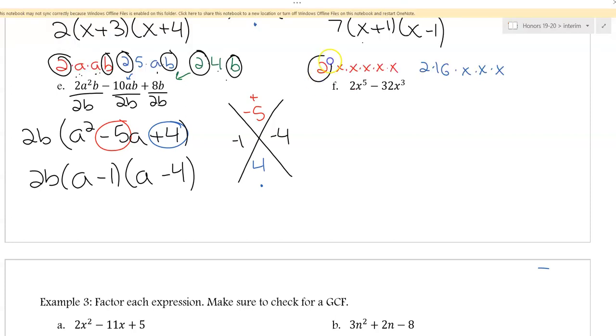So they have in common a 2. I can circle an x. I can circle an x. I can circle an x. I can't circle another x here because there's no x for me to circle here. Okay? So that's 2. I have 3 x's that I circled, so that's 2x to the 3rd.